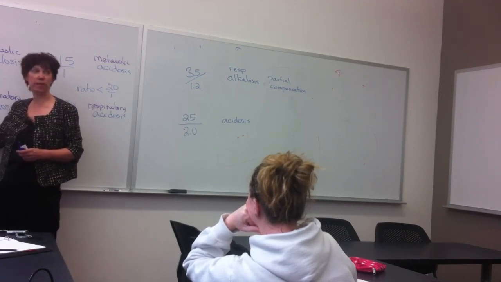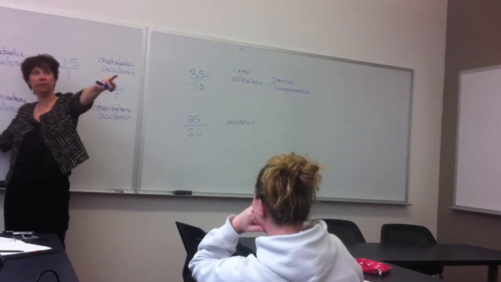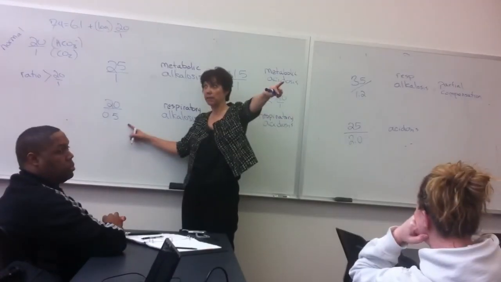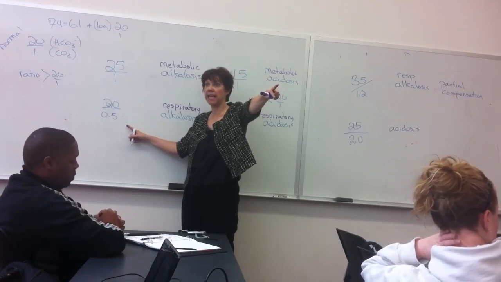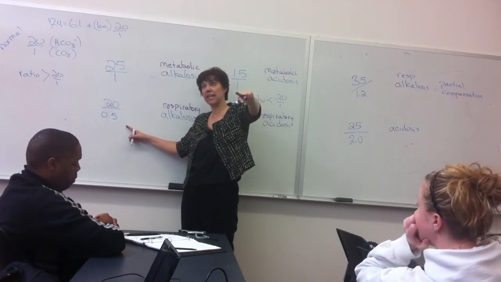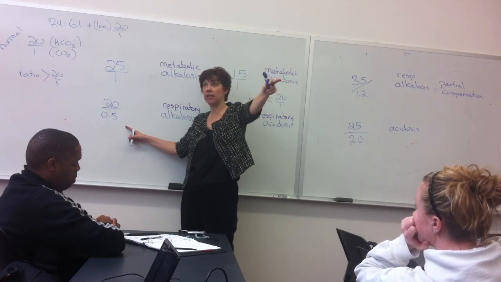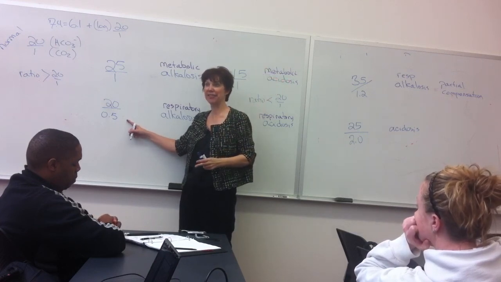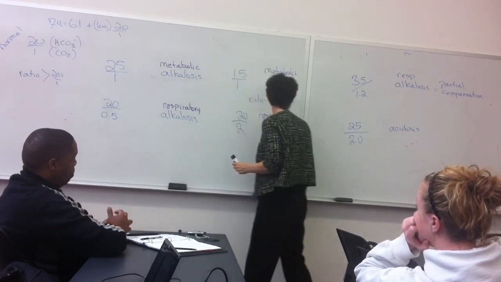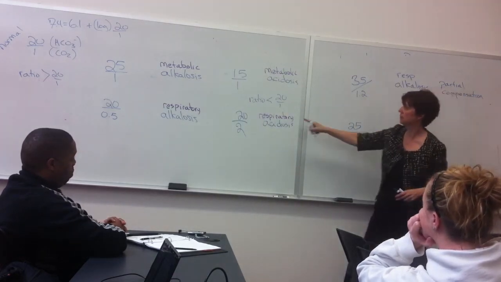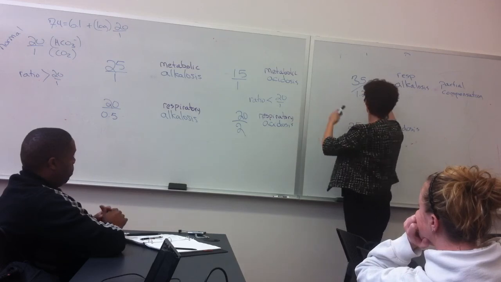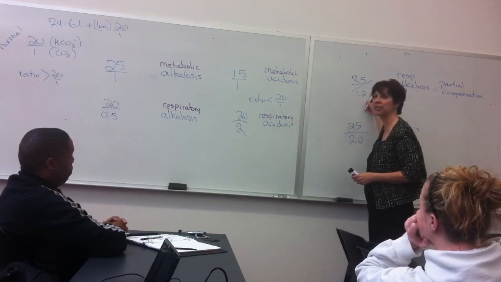And to determine pH, you would follow that formula. You would take 20 divided by 0.5, which would give you 10. You would take the log of 10, add it to 6.1, and that would be your pH. That's going to be a much lower number than this number. This number, wherever I am, because I have compensation.